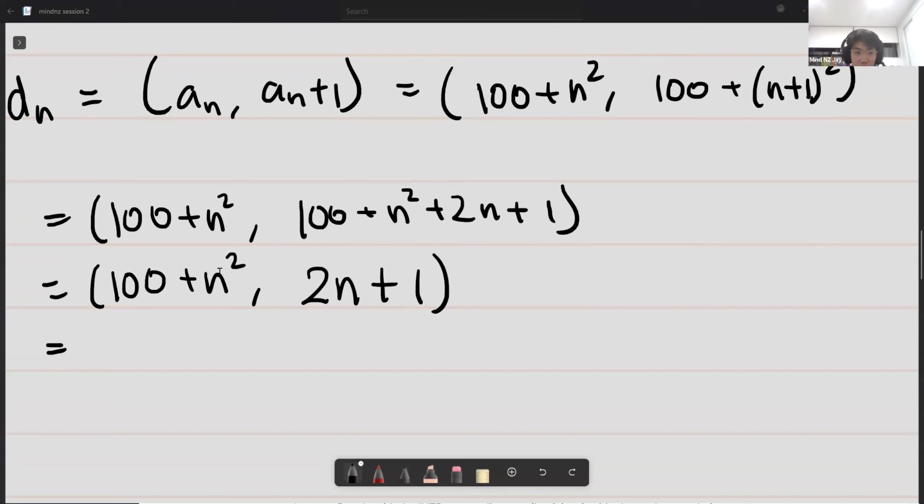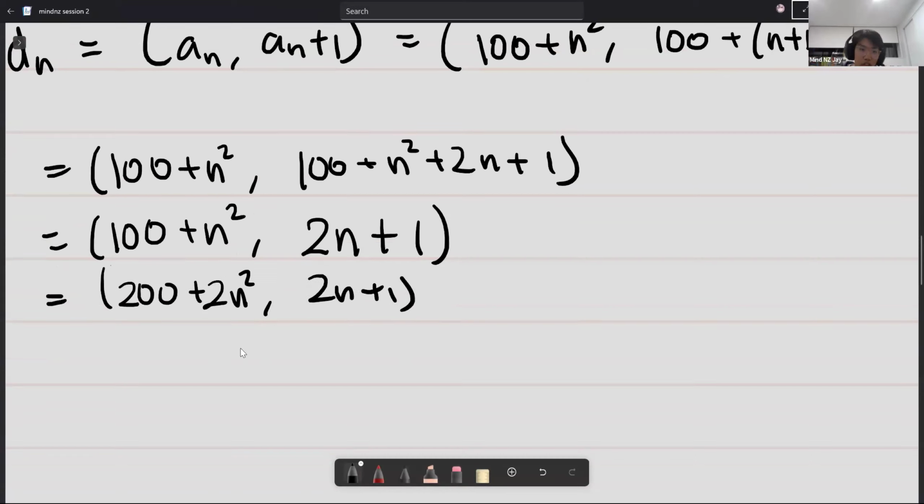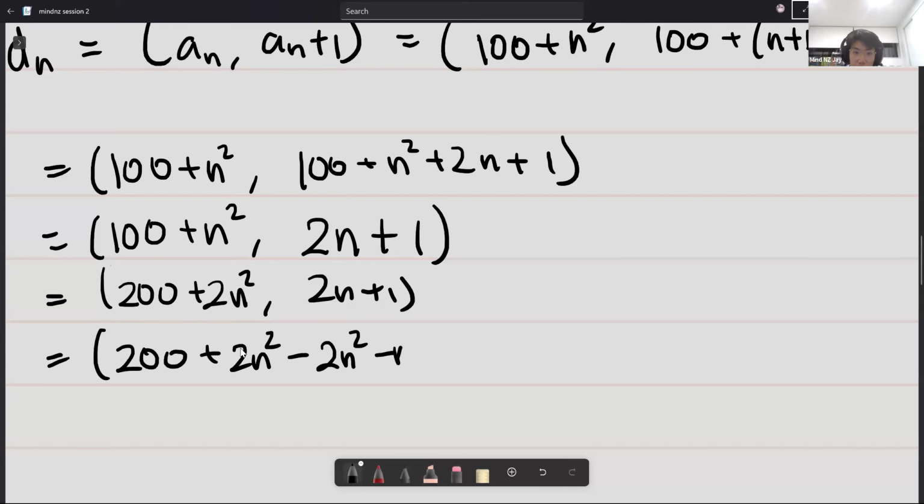Okay, I'll continue. So what we can do is multiply this whole thing by 2 to get 200 plus 2n squared, sorry, and 2n plus 1. Then we can do 200 plus 2n squared minus 2n squared minus n, and 2n plus 1.